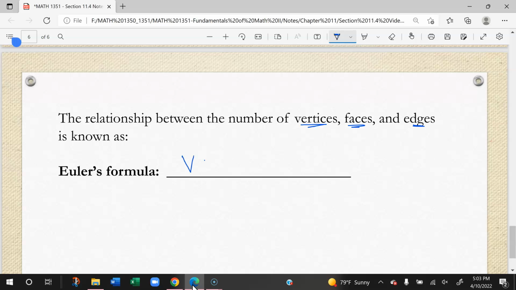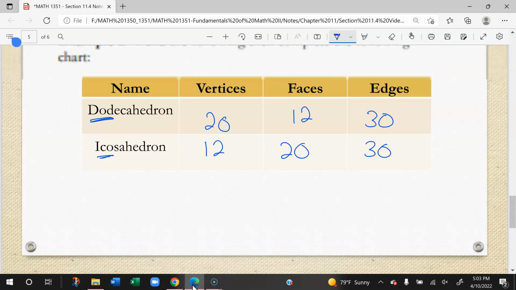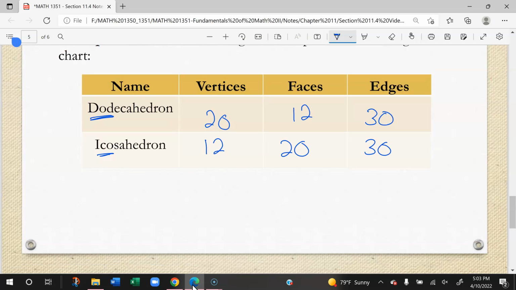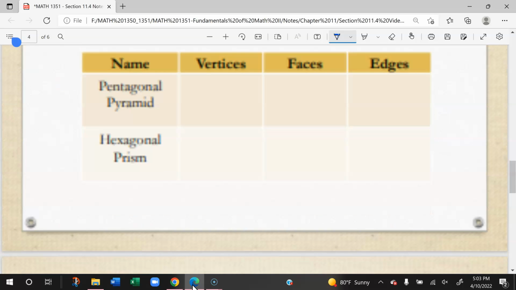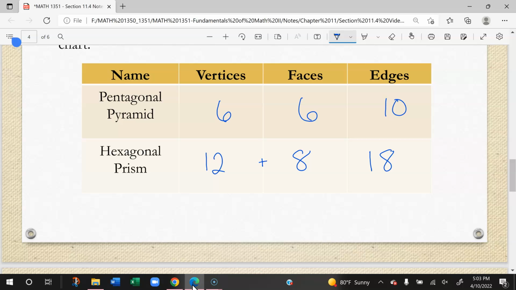If you take the vertices plus the faces and you subtract the number of edges, you will always come up with the number 2. 12 plus 20 is 32, minus 30 is 2. 20 plus 12 is 32, minus 30 is 2. 12 plus 8 is 20, minus 18 is 2. 6 plus 6 is 12, minus 10 is 2.